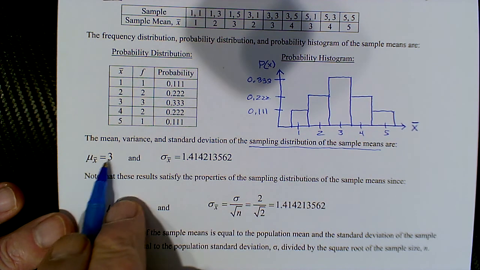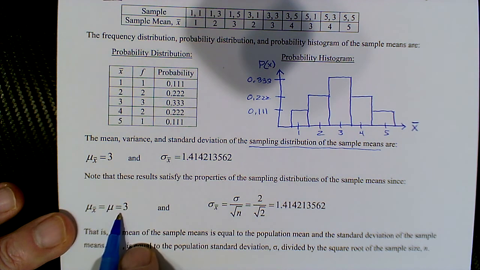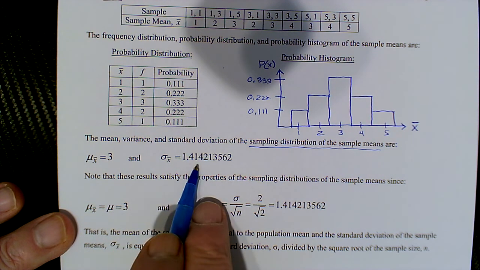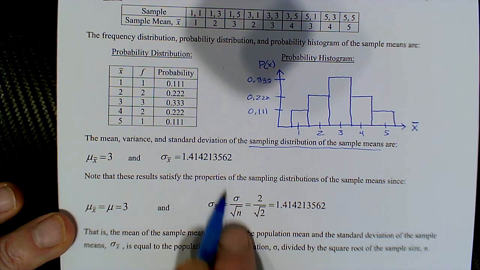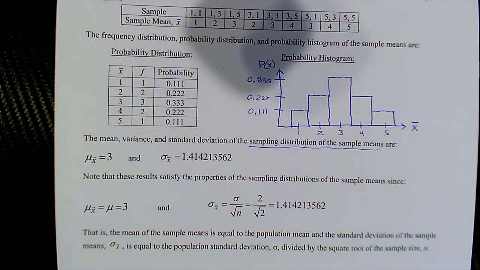So the mean of the sample means is 3, which is the same as the population mean. And the standard deviation of the sample means is 1.4, etc. But it's just the standard deviation of the population divided by the square root of n, or the square root of 2 in this case. So we've illustrated those properties that are summarized there.